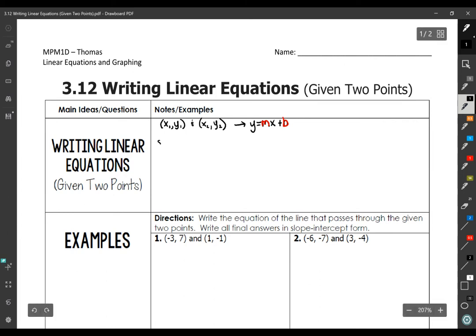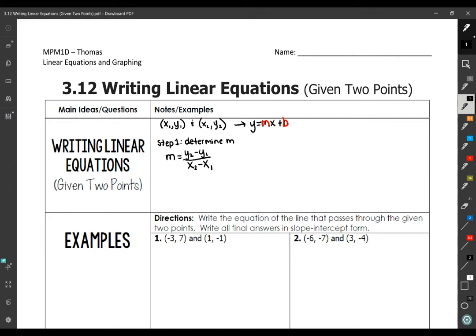So step 1 would be to determine the slope. Determine m. Do you guys remember the slope formula? m is equal to y2 minus y1 over x2 minus x1.